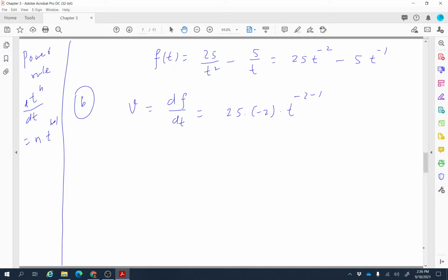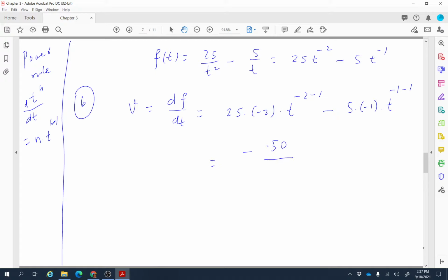So I'm just using n as -2 here and n as -1 here. So this -1 comes in front, 5 times -1 times t to the power -1 -1. So the velocity or instantaneous velocity, if you simplify this, is negative 25 times 2, which is 50.